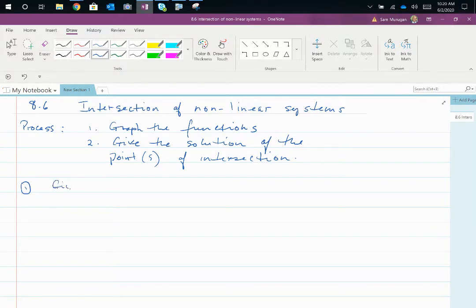Given the system y is equal to x squared plus 3 and y is equal to x plus 3, graph and solve.